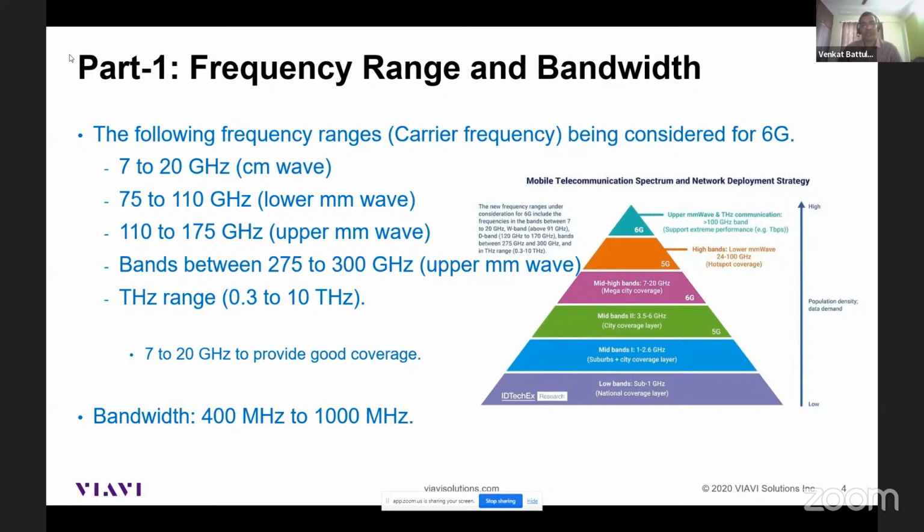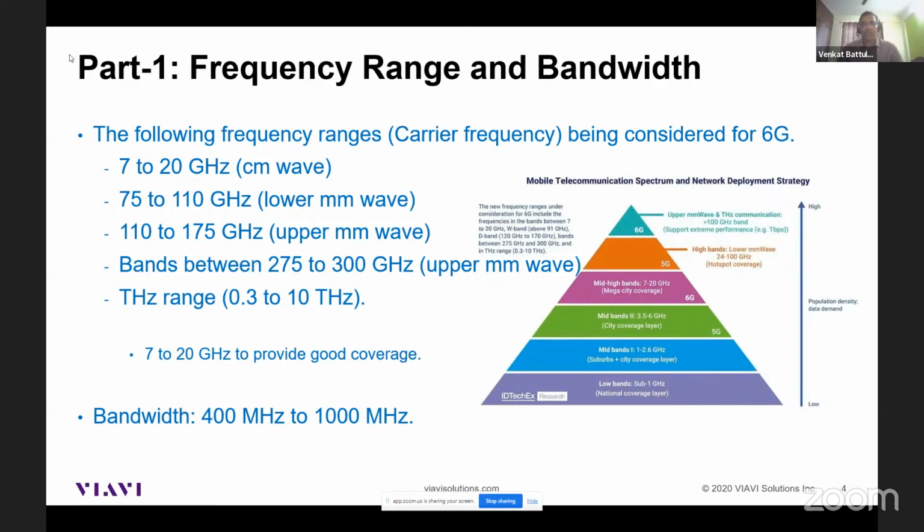We thought of it as infrared, light communications, etc. The disadvantage, as we go along these frequencies, is a huge challenge in designing the RF components, because your wavelength reduces significantly. Then you have a huge challenge of designing your components, antennas, the antenna arrays for massive MIMO communication, etc.